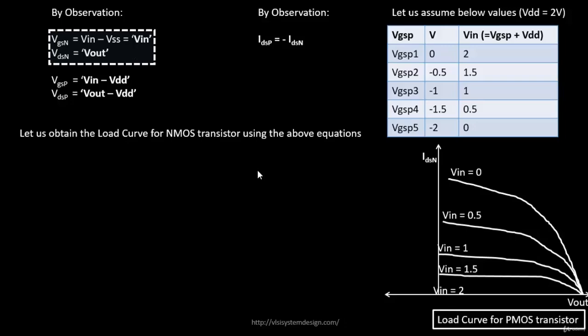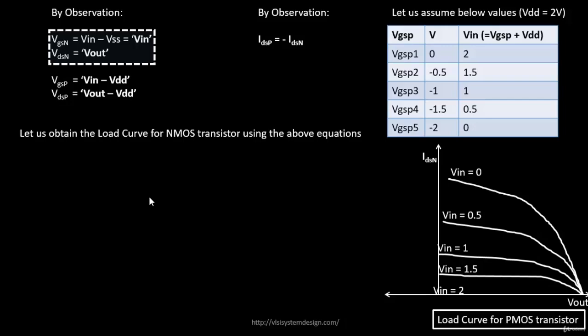Deriving the load curves for NMOS becomes pretty simple because of the nature of the equations. The reason is that NMOS is placed at the bottom, so it's as good as analyzing an independent NMOS: your drain node is connected to V out, which is varying, your gate is connected to V in, which is again varying, but your source is connected to ground.